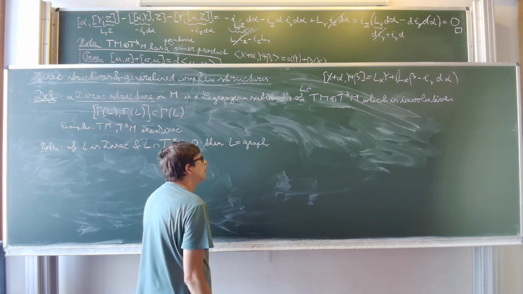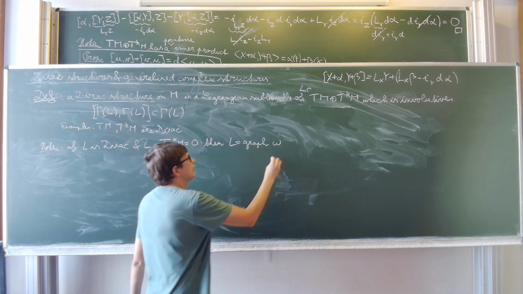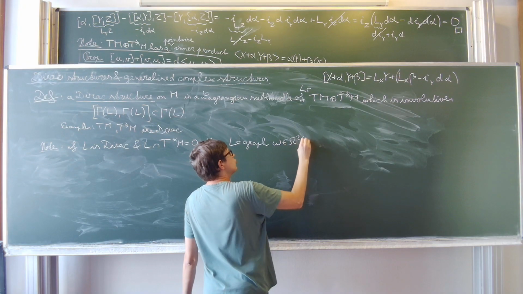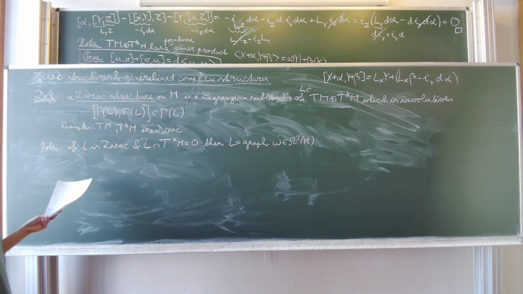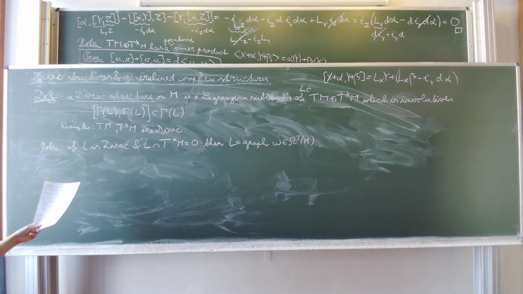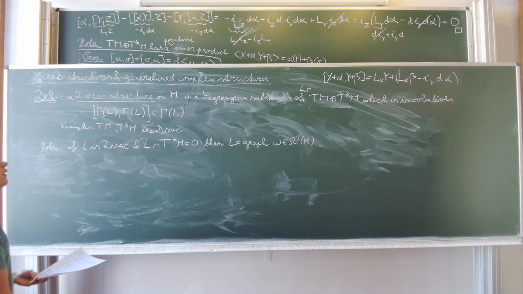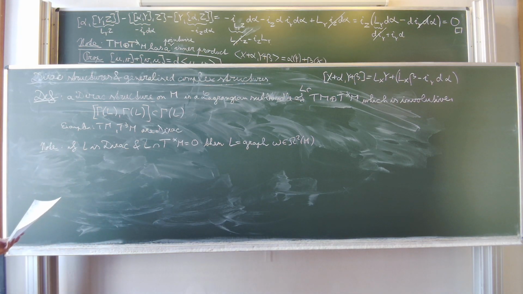I called it B before, but let's call it omega, which is now a two-form. Because at every point we just had the linear analysis from before, and we know that it has to be antisymmetric. It's a graph of something antisymmetric. And now because it's at every point, it's a differential two-form.